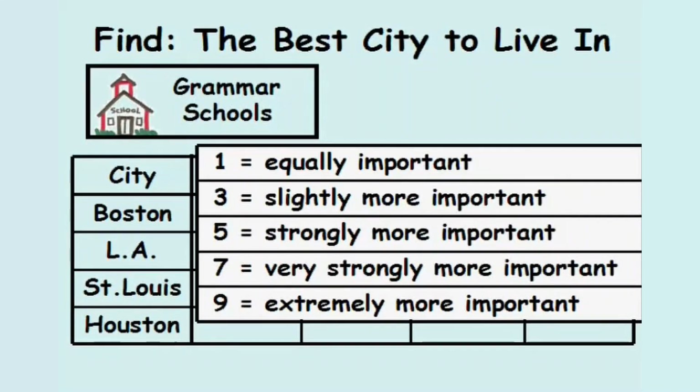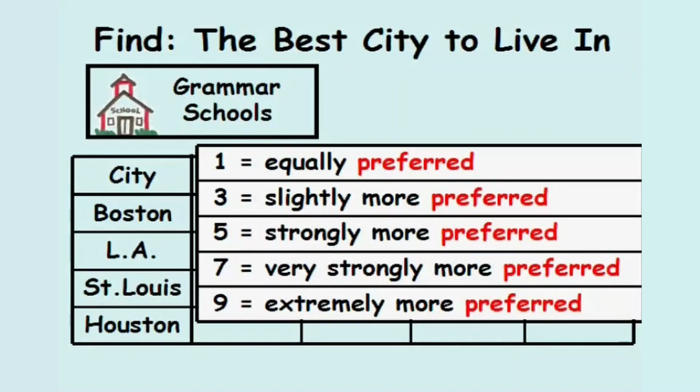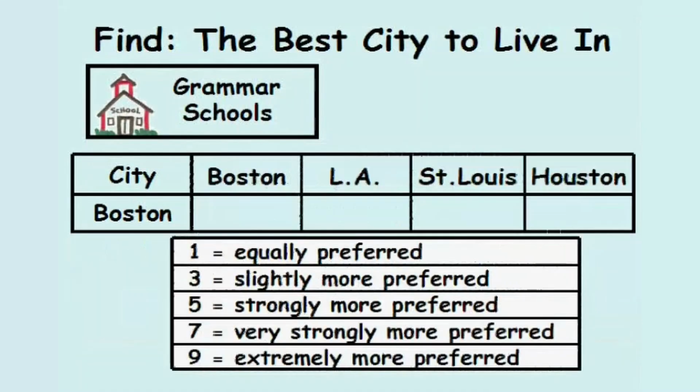When comparing alternatives, it would be more appropriate to change the word important to preferred. So if we look at Boston, for example, we might say the grammar schools in Boston are more strongly preferred over the grammar schools in Los Angeles.